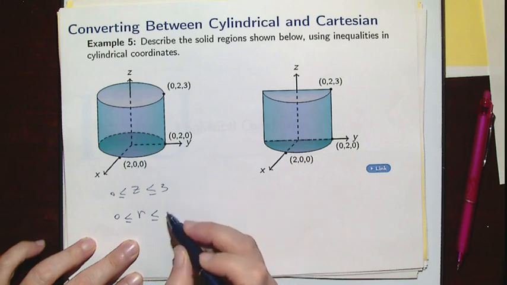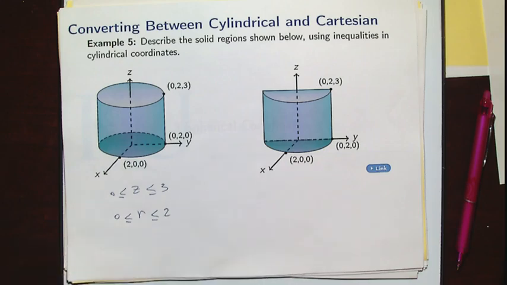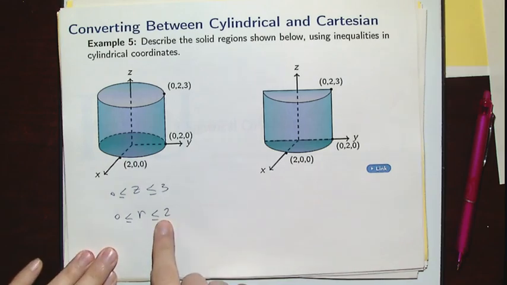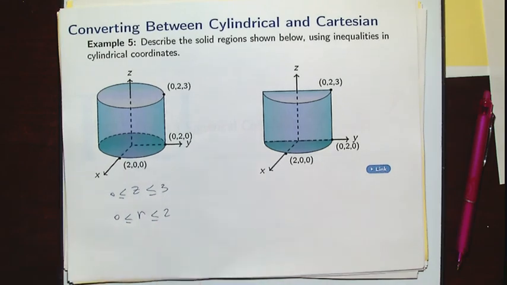What's the biggest? 2. So if I was just going to describe this as that shell, as a surface, R would be 2, not between 0 and 2. Because it's a solid, you have to imagine that all these points inside have smaller R than 2.